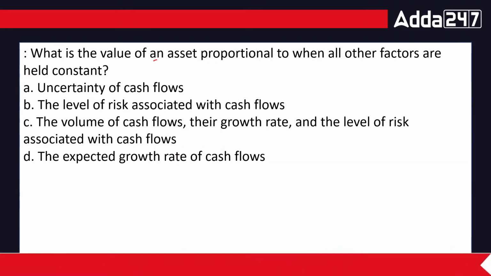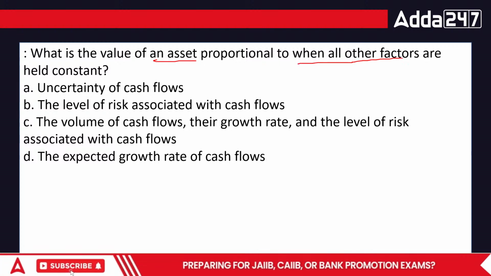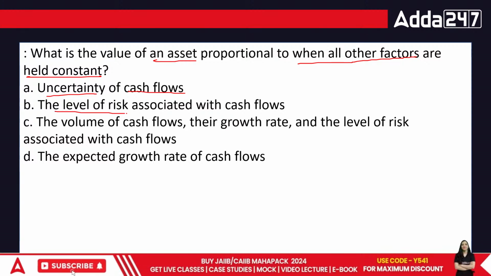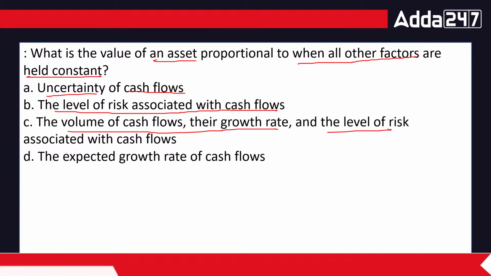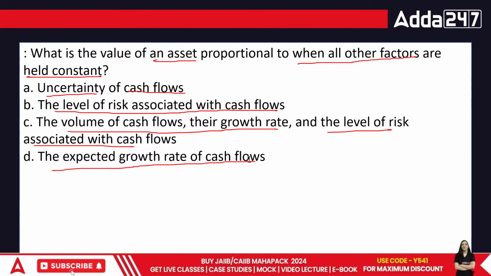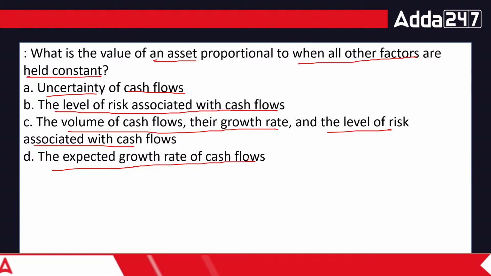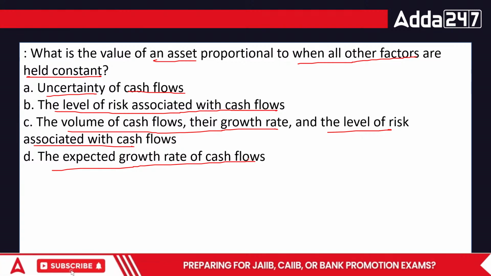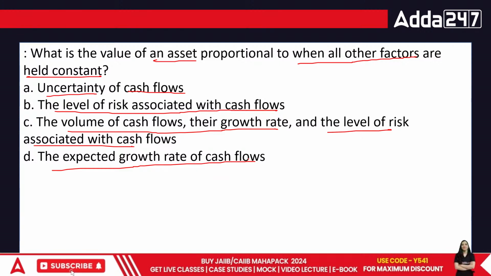What is the value of an asset proportional to when all the factors are held constant? Uncertainty of the cash flows, the level of risk associated with the cash flows, the volume of cash flows, their growth rate, and the expected growth rate of the cash flows. I think we have done similar kinds of questions. All the factors are related to an asset. What is the cash flow that we are receiving? Why would I buy an asset?